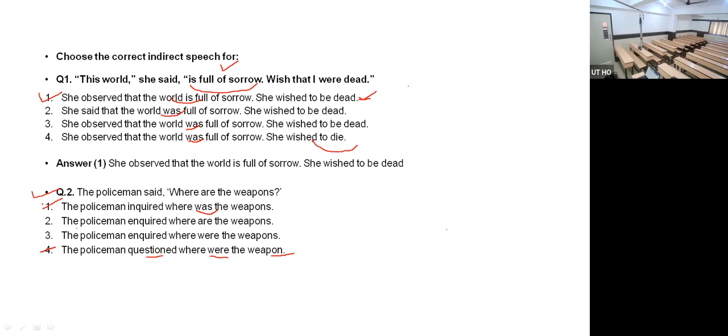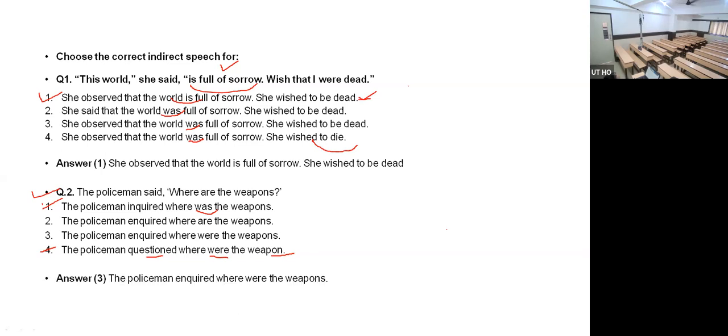Now between 2 and 3. "The policeman inquired, where are the weapons?" or "the policeman inquired, where were the weapons?" Now the policeman is inquiring. So when the policeman inquires, he is asking, "where are the weapons?" We could go with 3 also. We could go with 2 also.